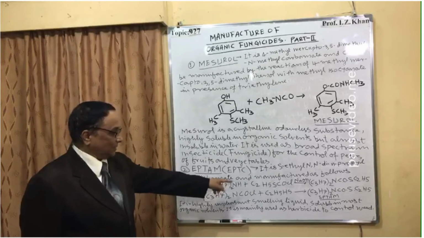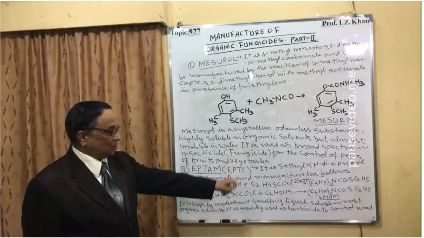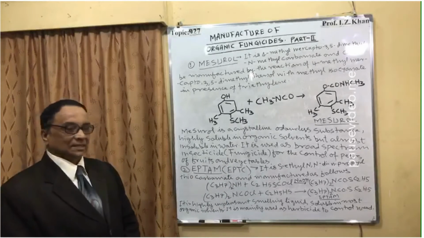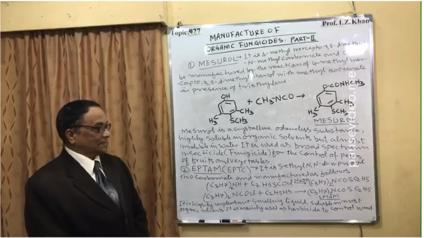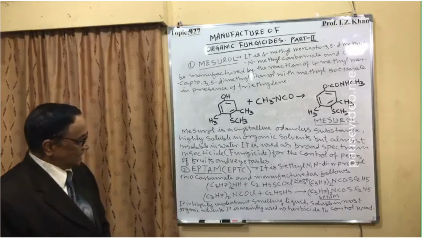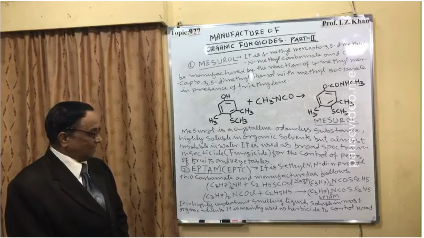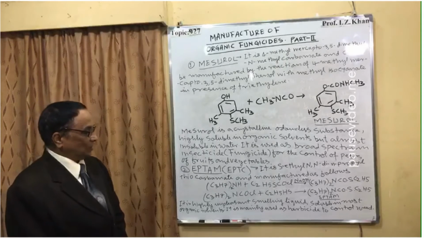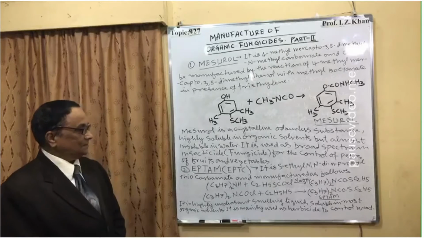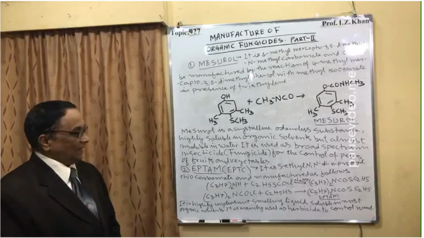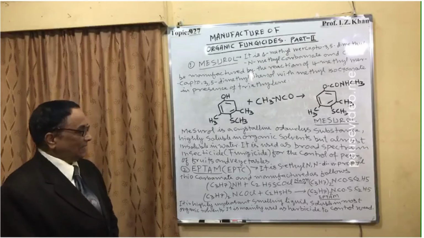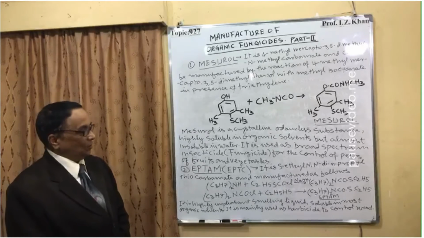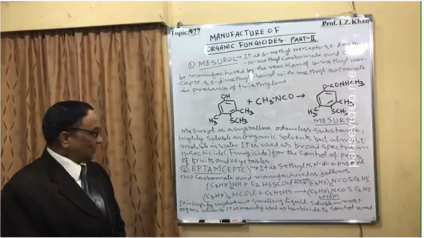(C3H7)2NH plus C2H5SCOCl with NaOH gives (C3H7)2NCOS C2H5, and this (C3H7)2NCOCl again with C2H5HS, that is a thiol compound, is converted into Eptom, that is (C3H7)2NCOSC2H5.